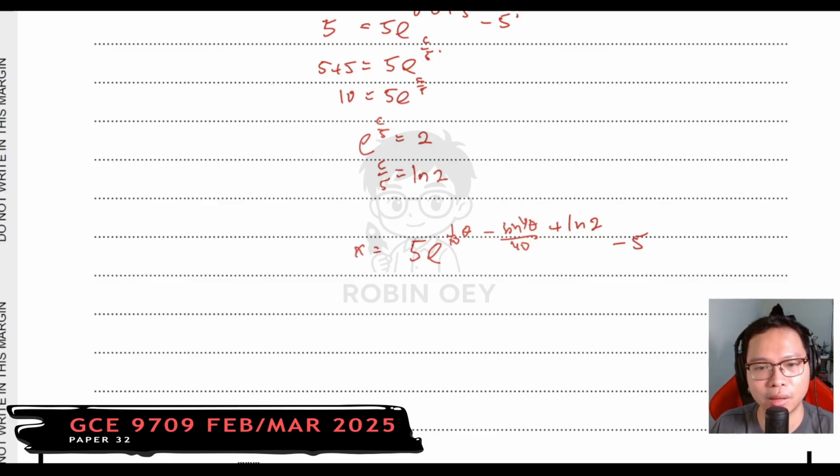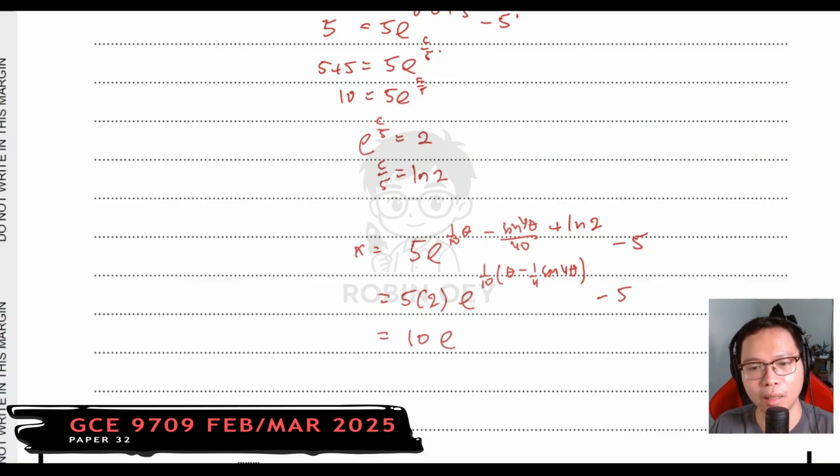So I change this into 5 times 2 e to the power of, let's say I take out 1 over 10 here, easier, 10 theta minus 1 over 4 sin 4 theta, then negative 5. The final answer would be 10e to the power of 1 over 10 theta minus 1 over 4 sin 4 theta, then negative 5. This is the final answer.